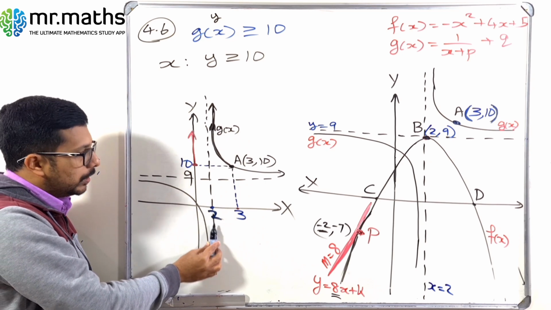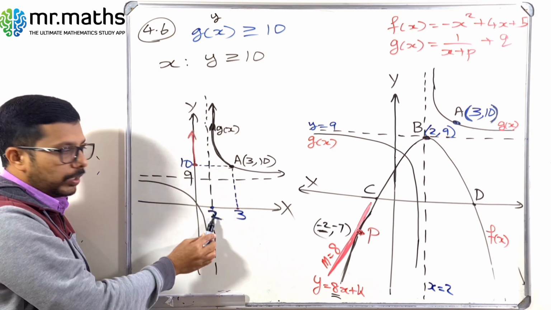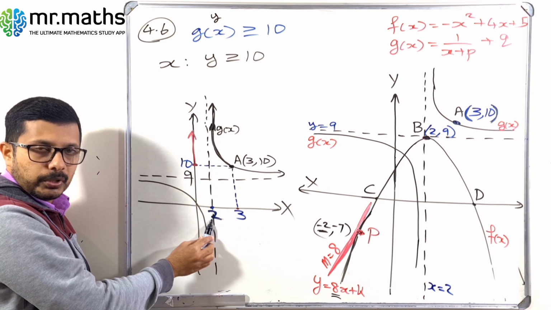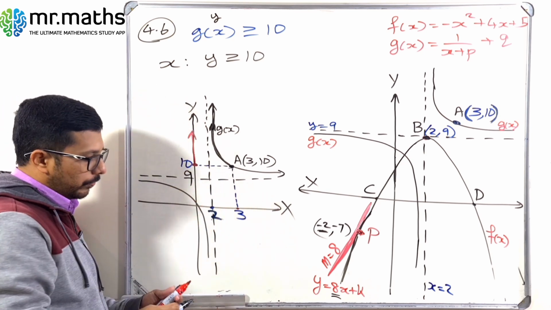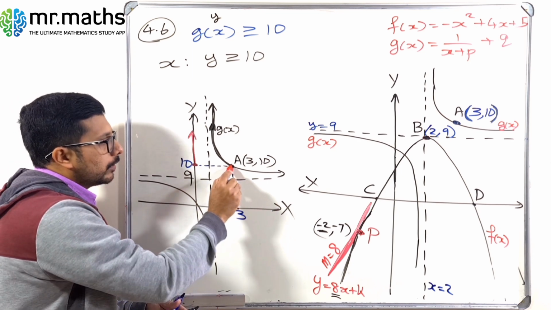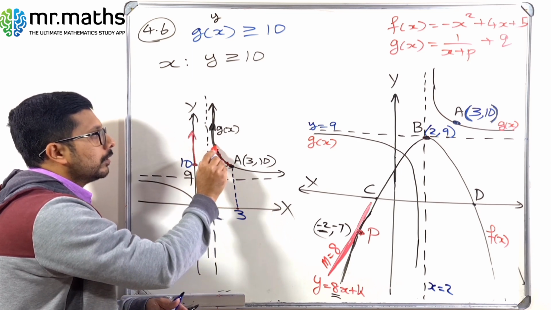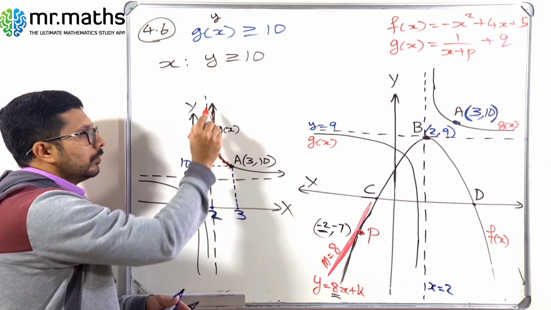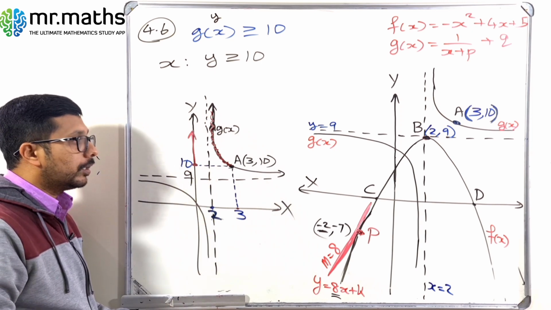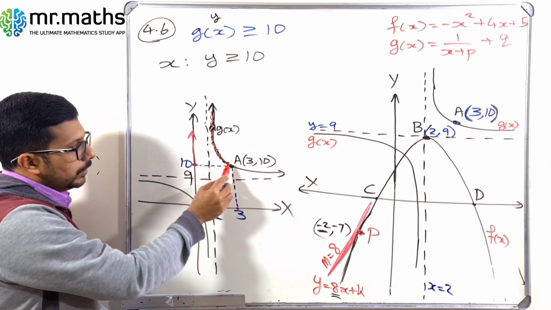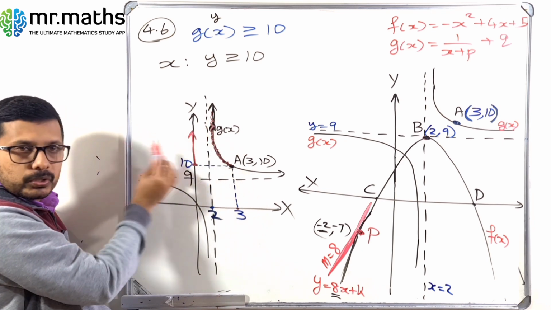Do you understand? Okay. So when y greater than 10, sorry, not 2, y greater than or equal to 10, this is the graph. And it won't cross this 2.